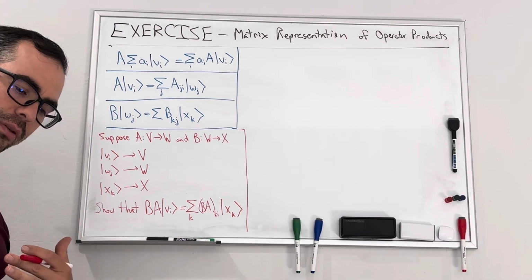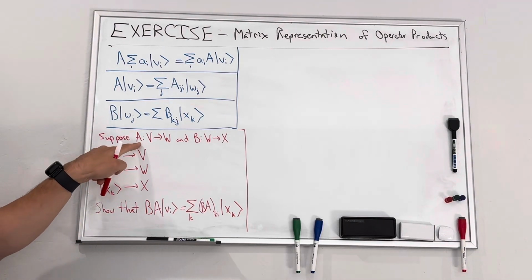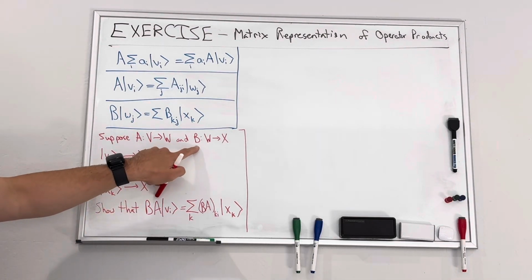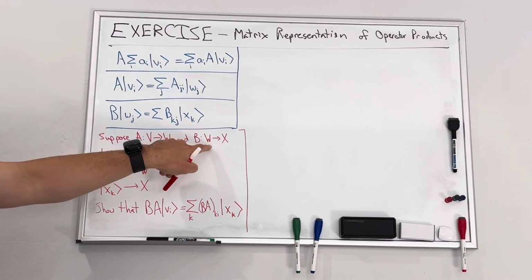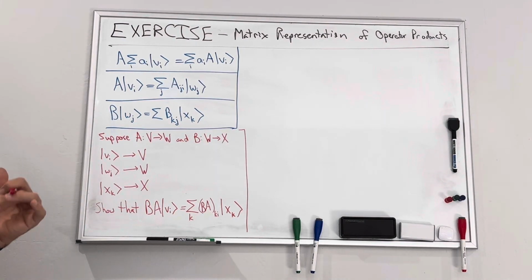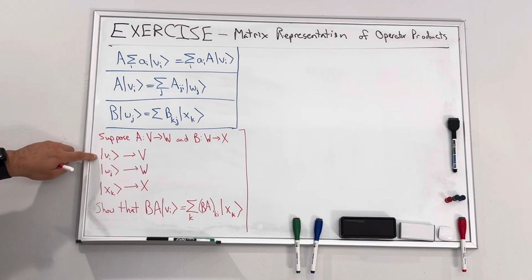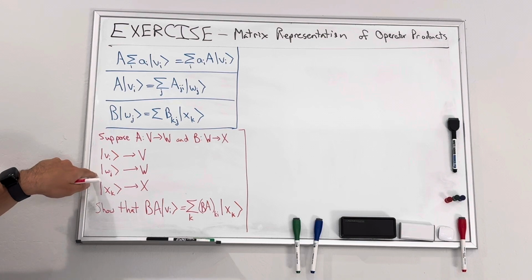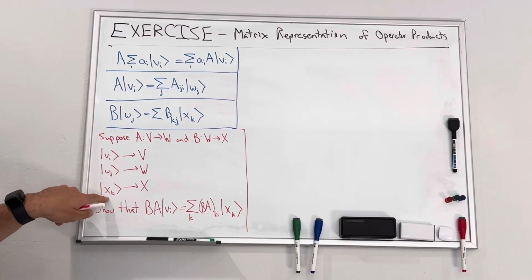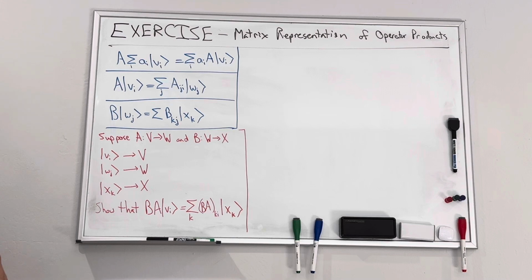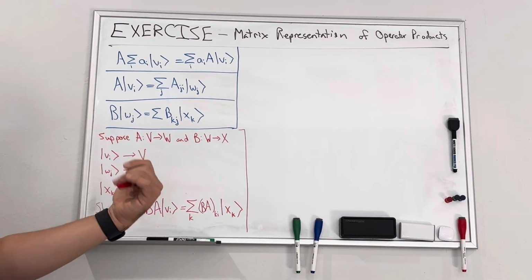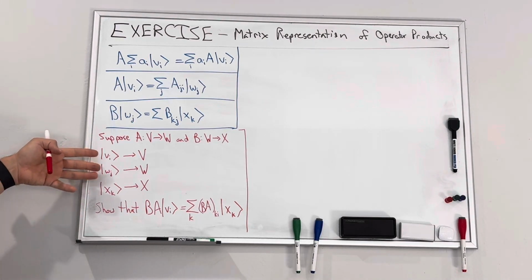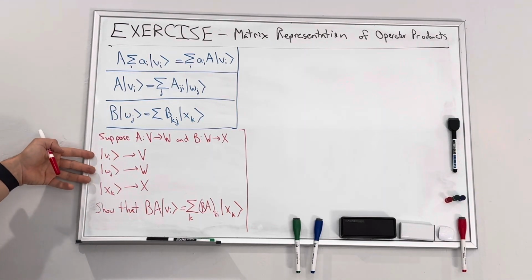And so the question being posed to us is, suppose that A is a linear operator from vector space V to vector space W, and B is a linear operator from vector space W to vector space X, and further suppose that these little V_I vectors are a basis for V, W_J vectors are a basis for W, and X_K vectors are a basis for X. So we have a linear operator A from V to W, a linear operator B from W to X, and each of these vector spaces has a different set of basis vectors.